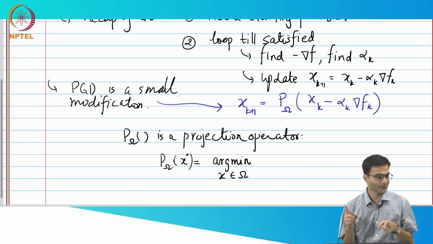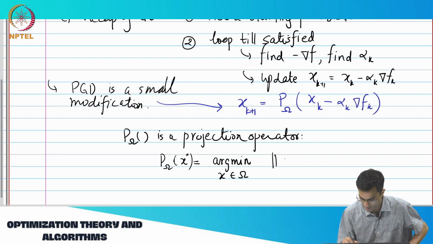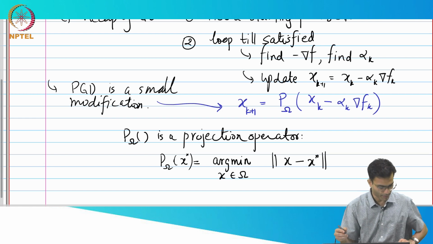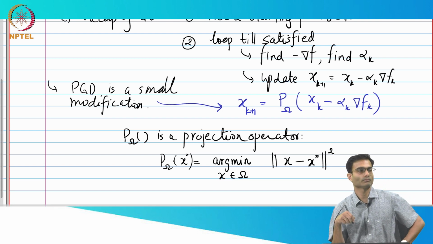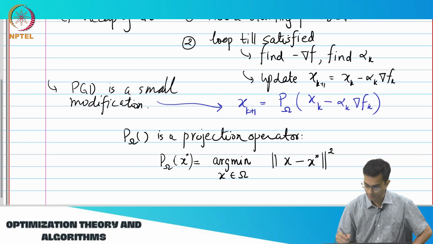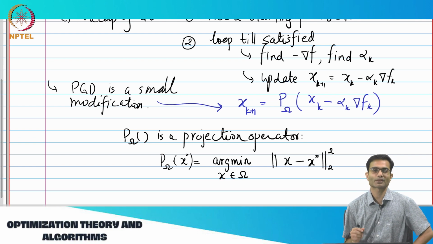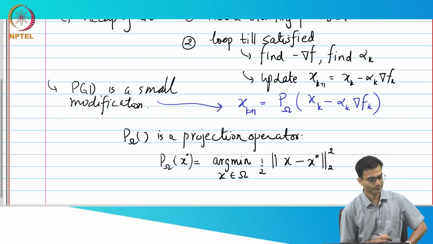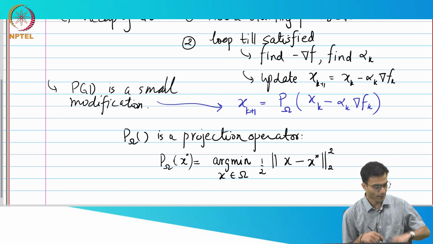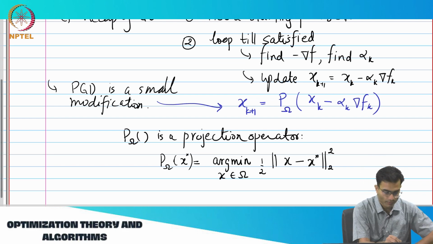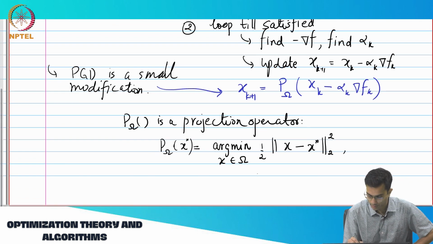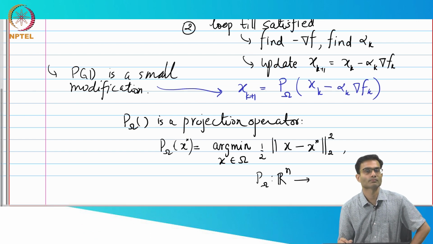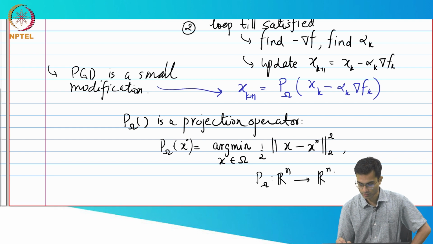The distance between x and x star, right? Can I put a squared here? It makes no difference. It's the same thing. Just a little bit of convention: the literature likes to put a half over here. So this is the projection operation, and its input is a point in R^n, and the output is also a point in R^n.